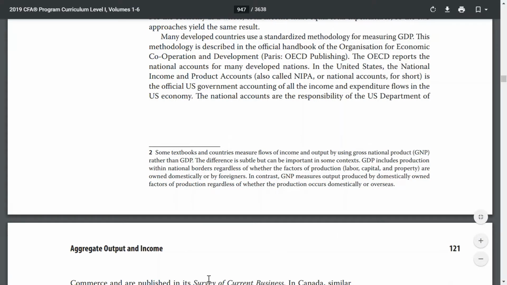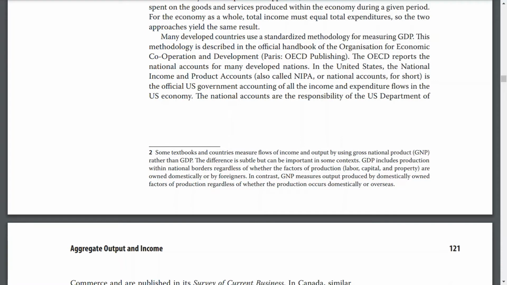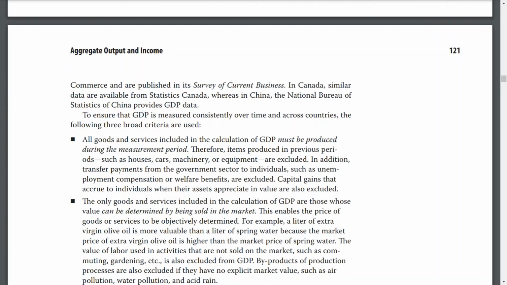The national accounts are the responsibility of the U.S. Department of Commerce and are published in the Survey of Current Business. In Canada, similar data are available from Statistics Canada, whereas in China, the National Bureau of Statistics of China provides the GDP data.